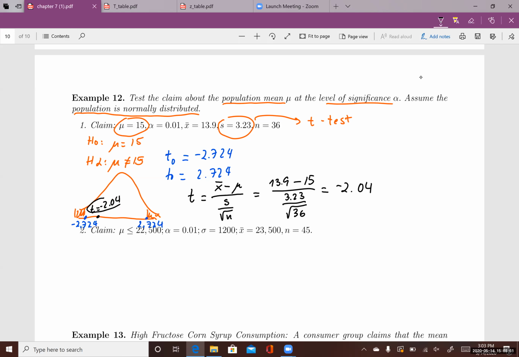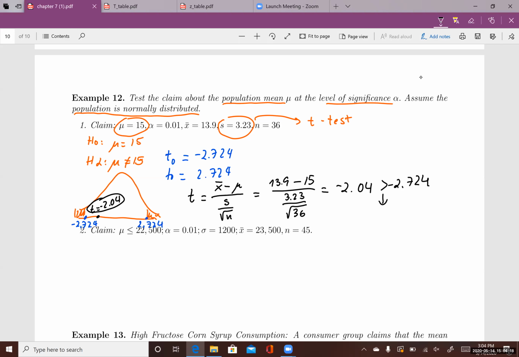And this standardized test statistic t falls into this region. It's not in the rejection regions. That means I fail to reject the null hypothesis, okay? And this one here is greater than negative 2.724, right?